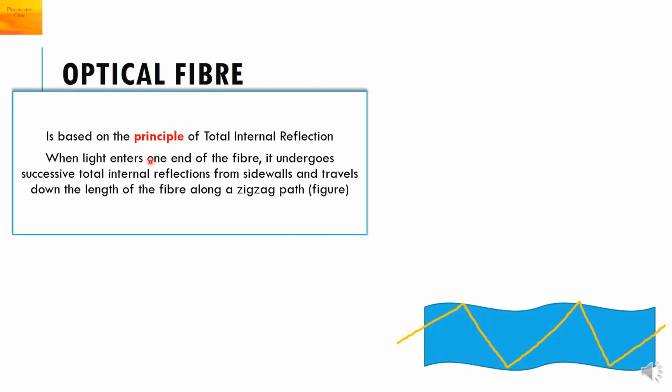Optical fiber is based on the principle of total internal reflection. You can see here, this blue pipe that you see is an optical fiber and the light ray is entering into the optical fiber. When it enters, it will undergo successive total internal reflections from the side walls, and that way it travels through the length of the fiber along a zigzag path.